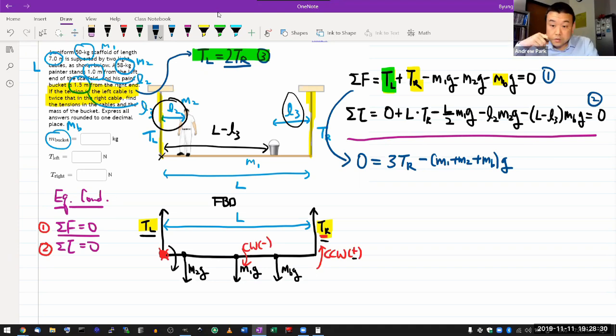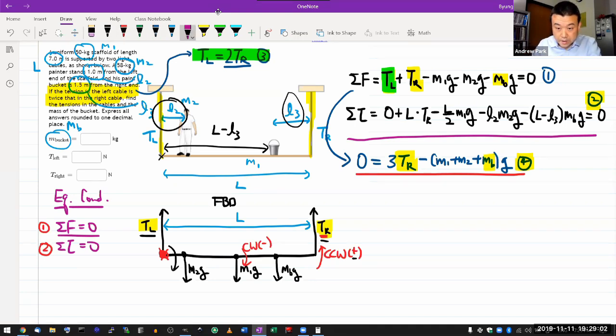And I guess we'll just go systematically. Between equation 2 and equation 4, we have two equations and two unknowns, TR and MB. So the thing to do is a substitution. I think the easiest thing is to solve equation 4 for TR, plug it into equation 2, see what we get, and solve that for MB.